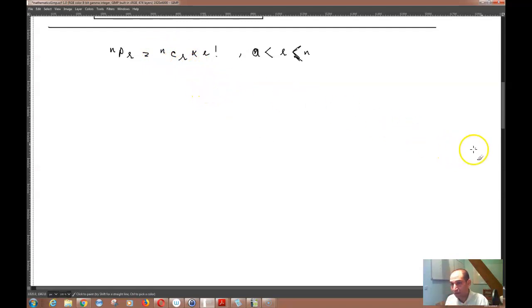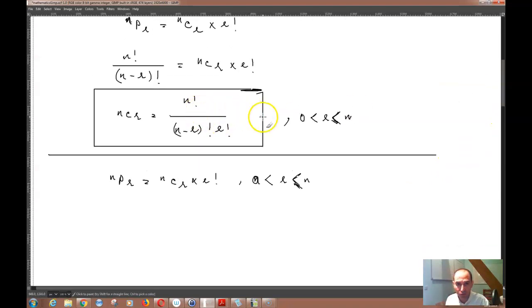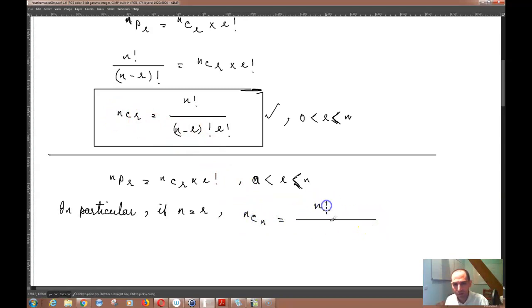It is basically the same thing that I've written over here. You can conclude this one, of course. And in particular, if n is equal to r, or if r is equal to n, which would be the same thing, you would have n combination n is the same thing as n factorial over n minus n factorial times n factorial.